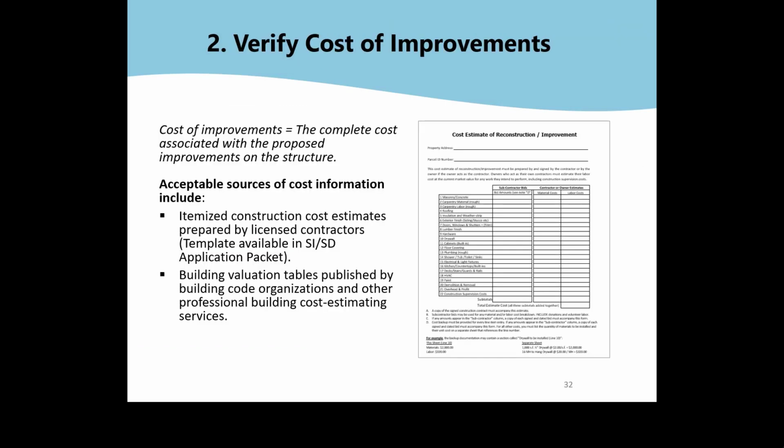So verifying the cost of improvements is the second step after you go through the application of getting the information about what they want to propose, making sure that they're including all of the costs that they need to. The permit package includes what this image shows here. It's a cost estimate of reconstruction improvement.